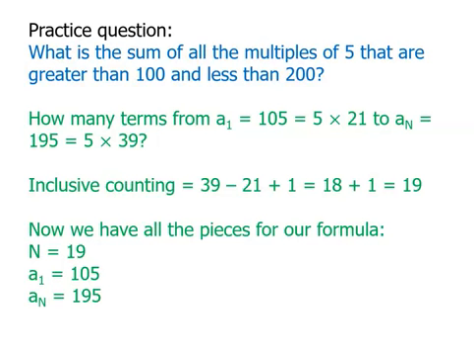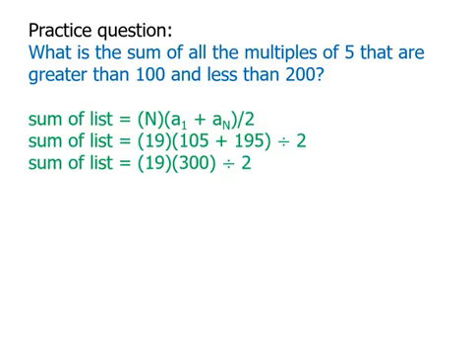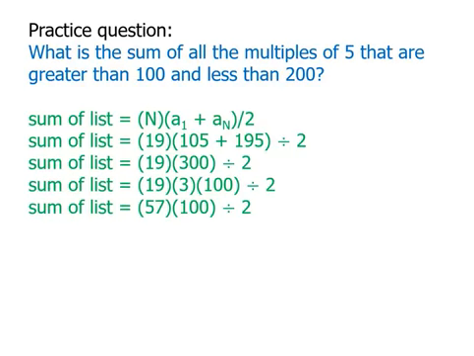Now we have all the pieces for our formula. n equals 19, a sub 1 equals 105, a sub n equals 195. So we're going to plug this into the formula. I'm going to do the following. First of all, I'm going to add the first and the last term and get 300. That's a nice round number. I'm actually going to factor out the 3 and multiply it by the 19. So we get 57 times 100 divided by 2.